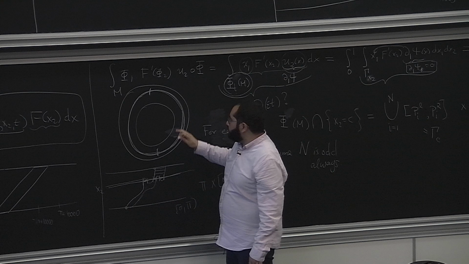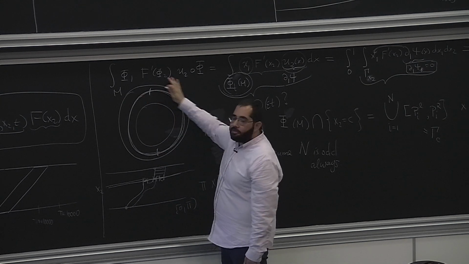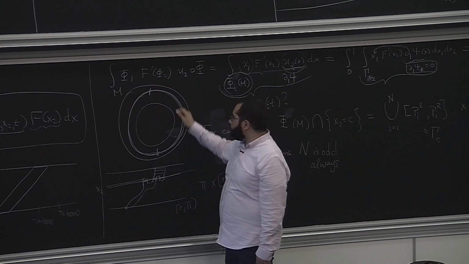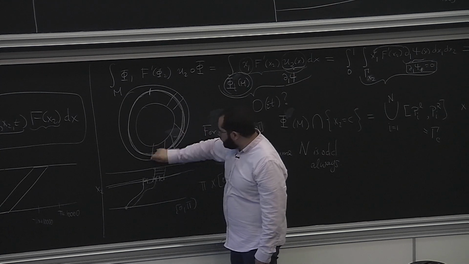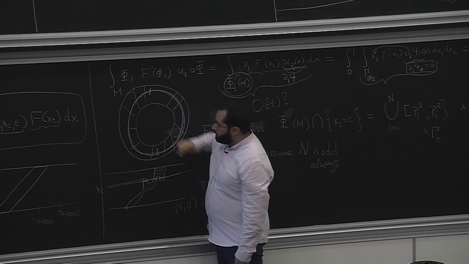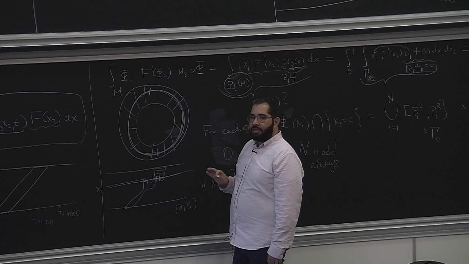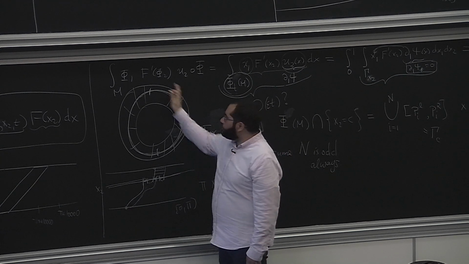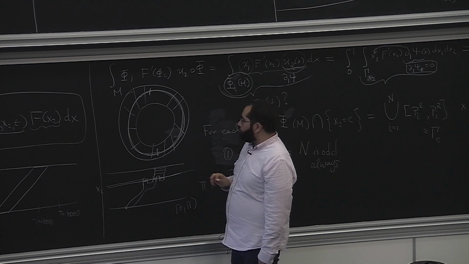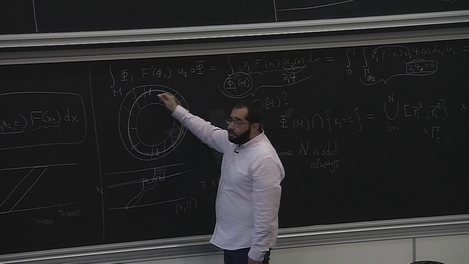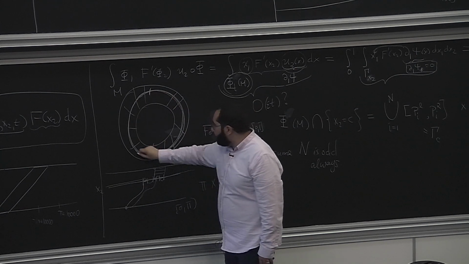No, it doesn't. We're looking at the image of all particles in the whole domain. Does that make sense? So there's always particles on this curve. There's always a full set on this circle.